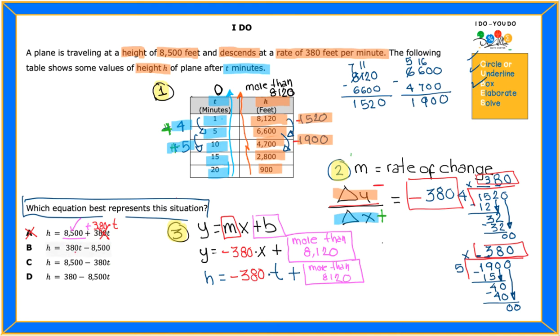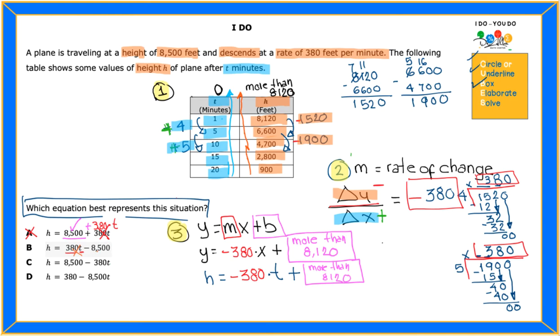Great, let's check the next one. This is the value that is multiplying a variable, like what we have here, but we know that this one needs to be the number next to the variable. So the rate of change multiplying the t needs to be negative, and this one is positive, so we cannot take this one.